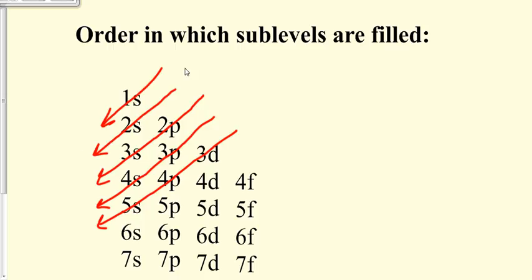If I come back around, it'll pass through 2p and then 3s. If I come back around, I go through 3p, then 4s, and again passing back around through 3d, 4p, and 5s. And it would continue basically as far into this pattern as you need to in order to place all of your electrons.